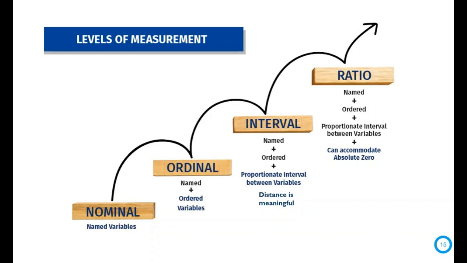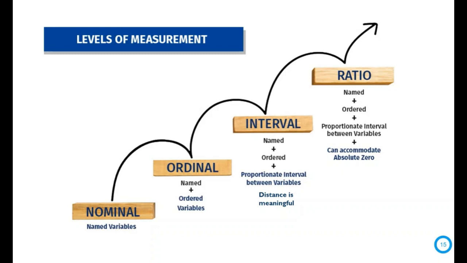The last one, which is the highest level of measurement, is ratio. Ratio scales tell us the exact value between units, and they also have an absolute zero, which allows a wide range of both descriptive and inferential statistics to be applied in SPSS.